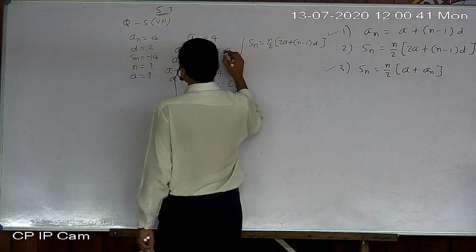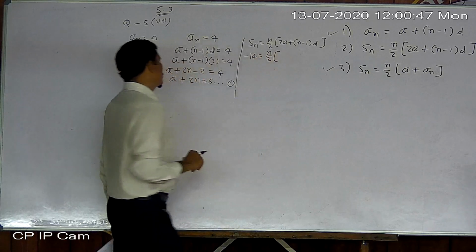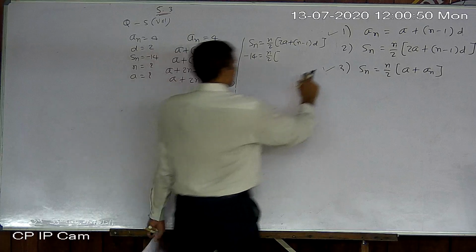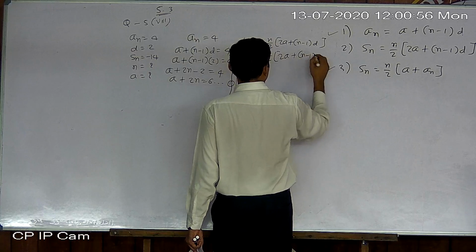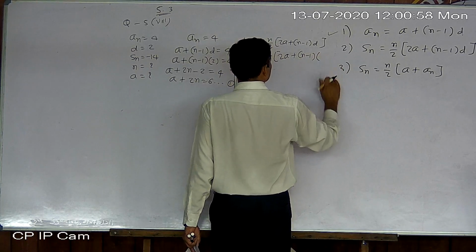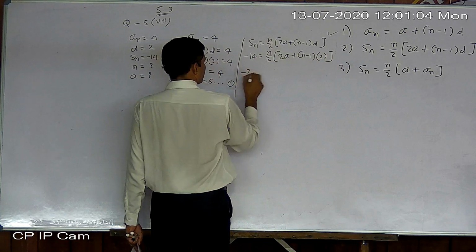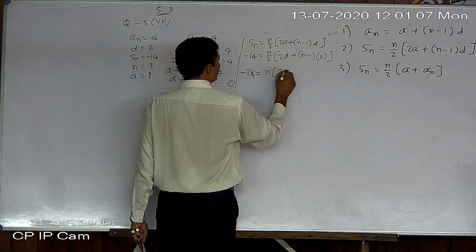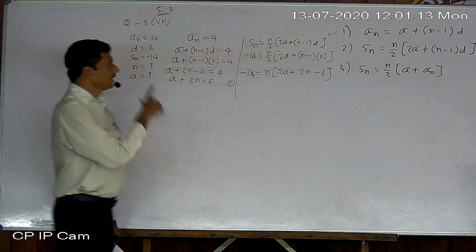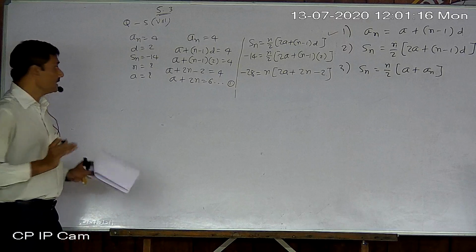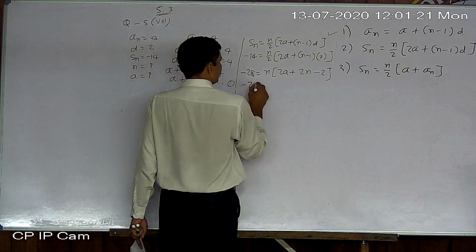Now S_n is given, minus 14. n is not given. 2a not given. n minus 1, n not given, d is given, 2. So write it down. Now set it here, minus 28 equal to n times 2a plus 2n minus 2. I open that bracket. Here n is a variable, not a and b. So now it becomes minus 28.